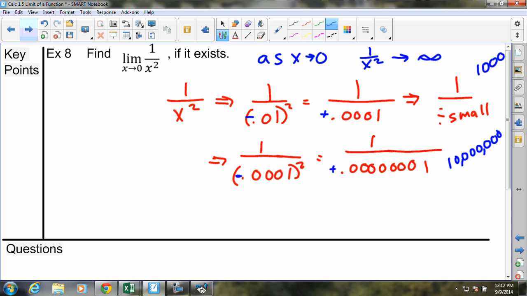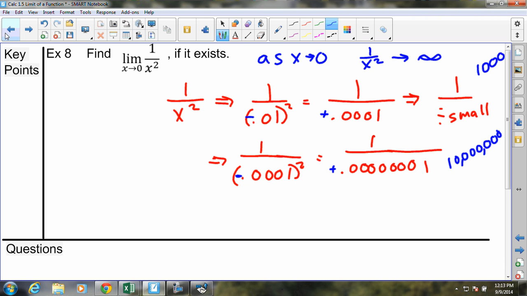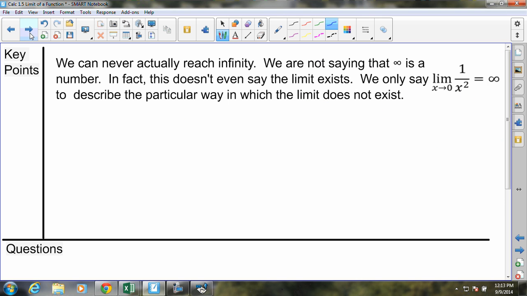Does that mean that we would say the limit equals infinity? No. This is a common piece that we would look at. We can never actually equal infinity. Because if we were to say that this piece equals infinity, that's saying infinity is a number. Infinity is not a number that we can actually reach.